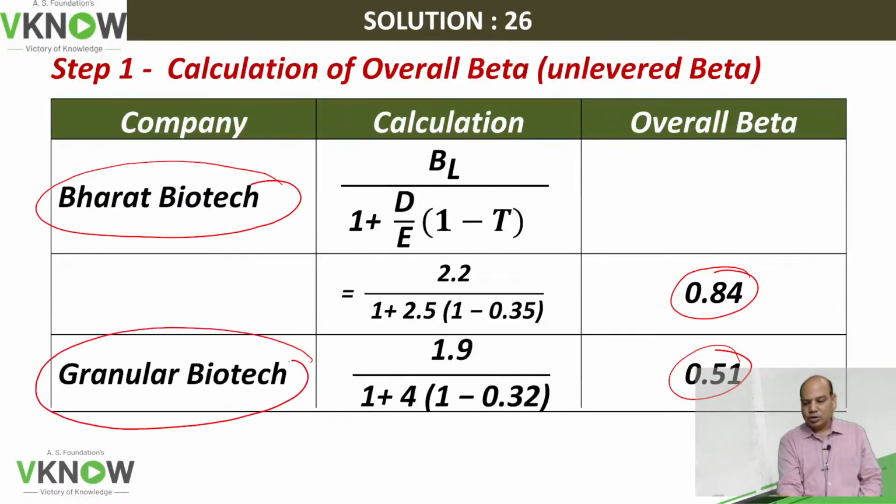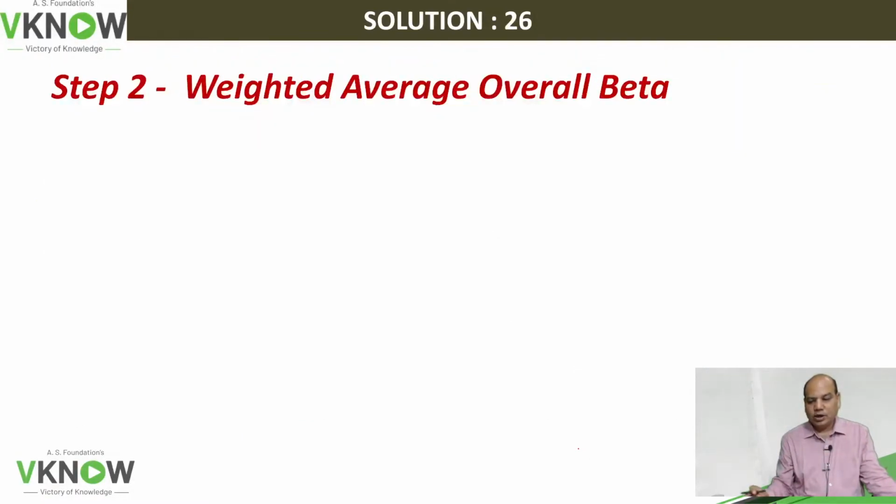As per the question, we will give a weightage of 0.70 and 0.30, these two numbers, so that we get the weighted average overall beta. Please write down weighted average overall beta.